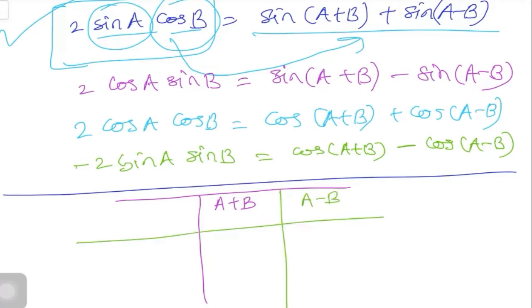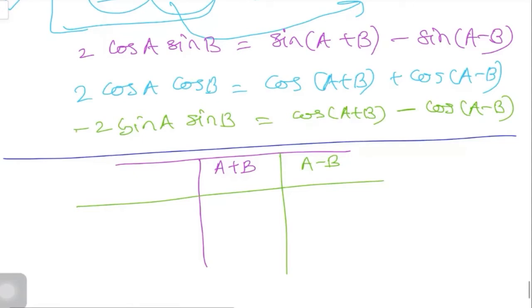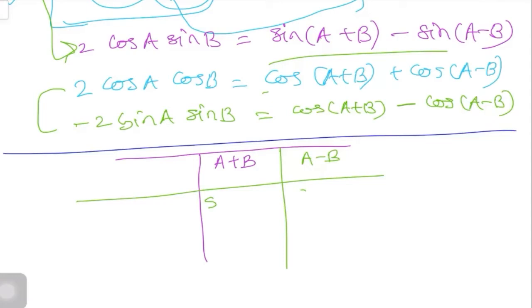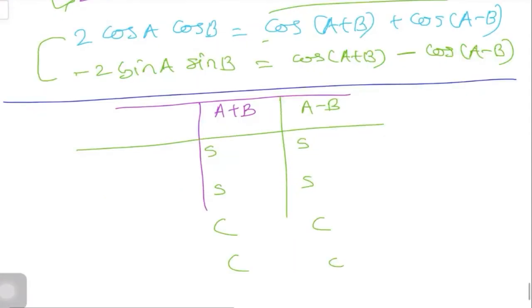When you have opposite angles, you get sine sine, and when you have the same angles, cos cos. Then we can write sine sine sine sine, and then cos cos cos cos. This is how you can remember all the formulas by chart.